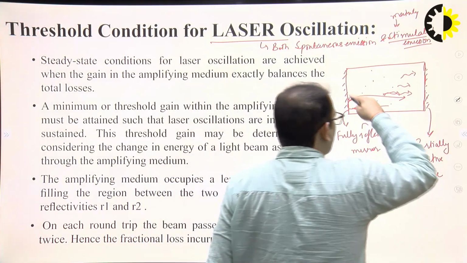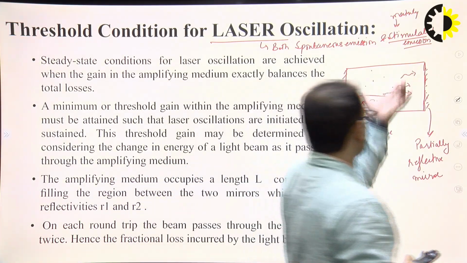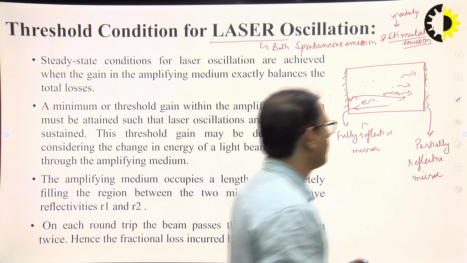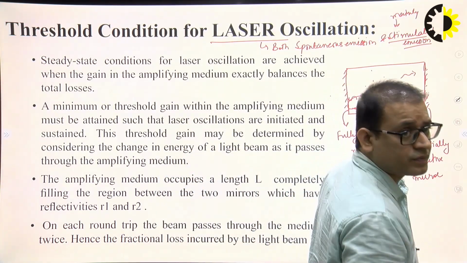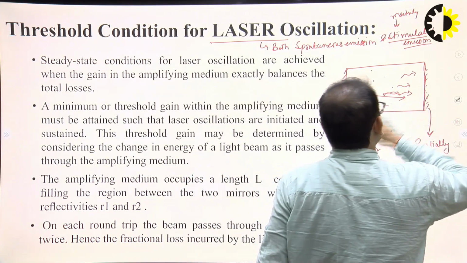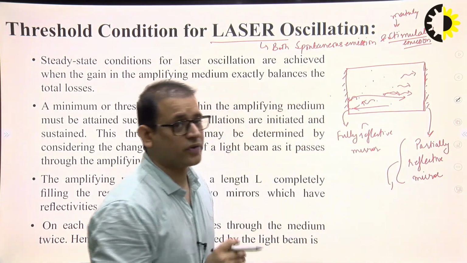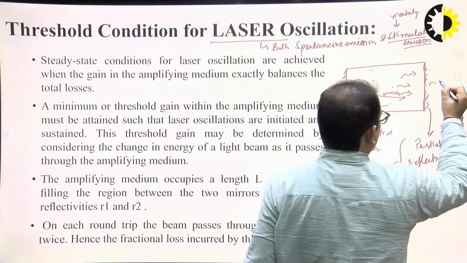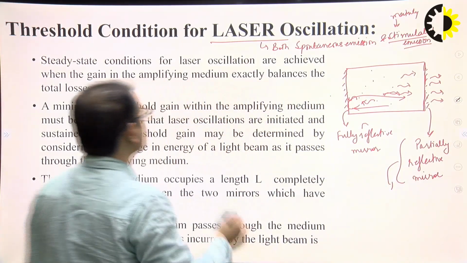When the whole energy gain of the photons overcomes the losses in the photons, these photons pass out from the partially reflective mirror, and the output will be from this side. Clear?